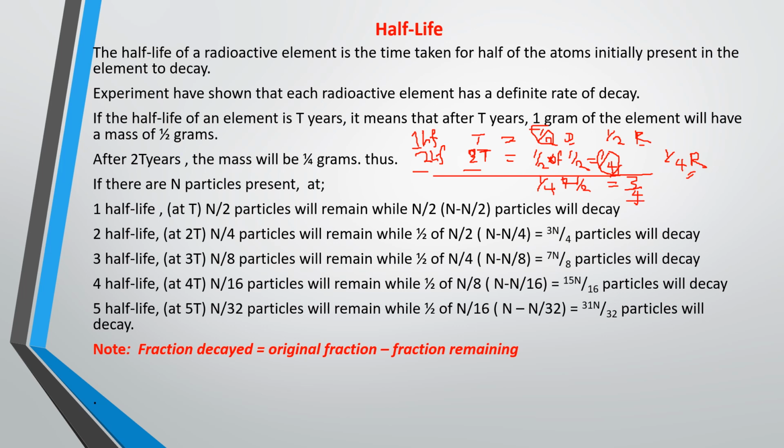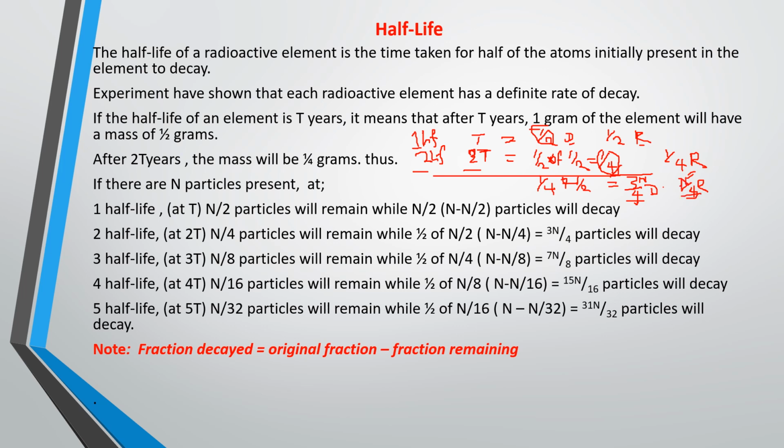And the amount remaining is 1 over 4. So at 2 half-lives, the amount of substance that has decayed is 3 over 4 of that substance. So assuming we have n amount of a particular substance, 3n over 4 of the substance will have decayed, and then n over 4 of the substance will be remaining.